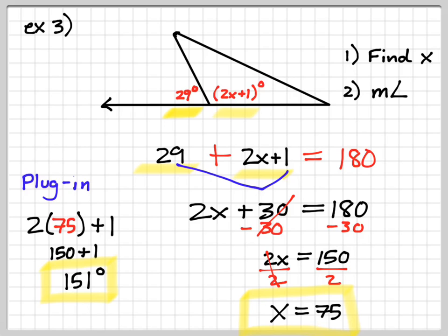And now I do a quick little check, and I make sure these two things right here actually do add up to 180. Whoops, never mind. Backtrack that. Not those two things. These two things right here do add up to 180. 151 and 29 do add up to 180 degrees, and my answer is correct.